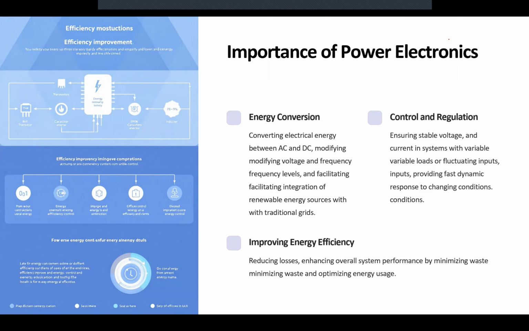Now, this control also gives us very good dynamic adaptability when we are dealing with change. Because when we talk about the power system, we are talking about a dynamic system. Generation is always changing, the load is always changing, and you have to answer those changes. Otherwise, you would lose control of the main variables in your system.